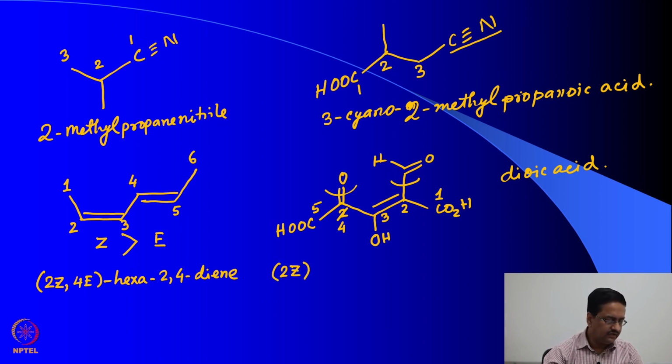Then we try to write the name of the compound as on 2 position, this group being the aldehyde group, as a substitution we should write it as a formyl group. So, it is 2-formyl.